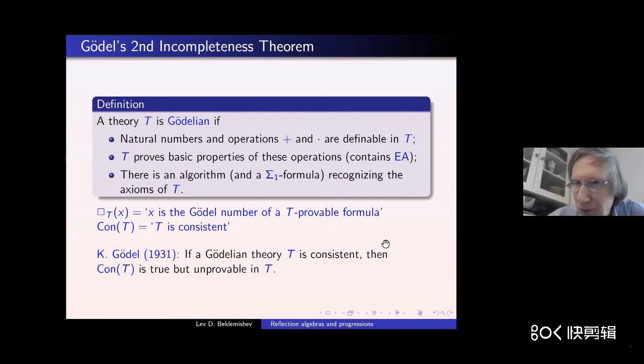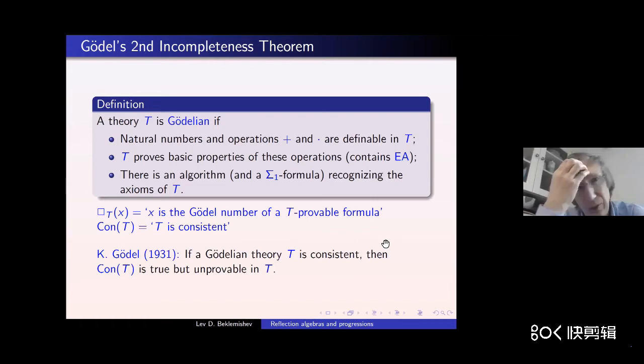It's useful to introduce this notion of a Gödelian theory, which perhaps is not the standard use of words, but nevertheless, for this talk, I prefer to use it. Let's call a theory T Gödelian if it satisfies the following conditions. Three main conditions are conditions of Gödel's incompleteness theorem.